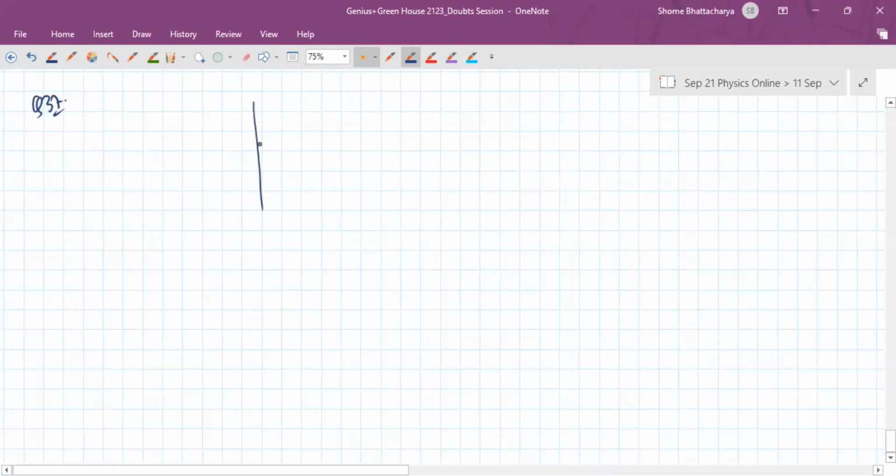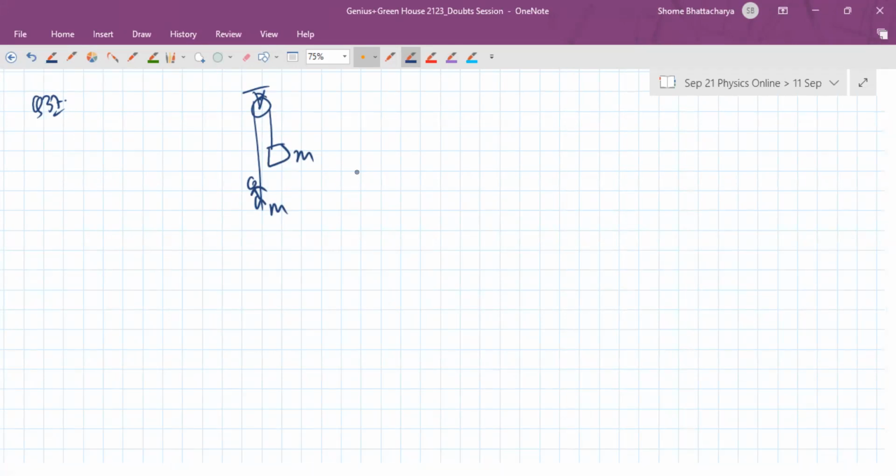For 37, we come to that situation where we have a block of mass m, and on this side, a monkey also of mass m. If the monkey just grips the rope without trying to climb or drop, both the monkey and the block will be at rest.